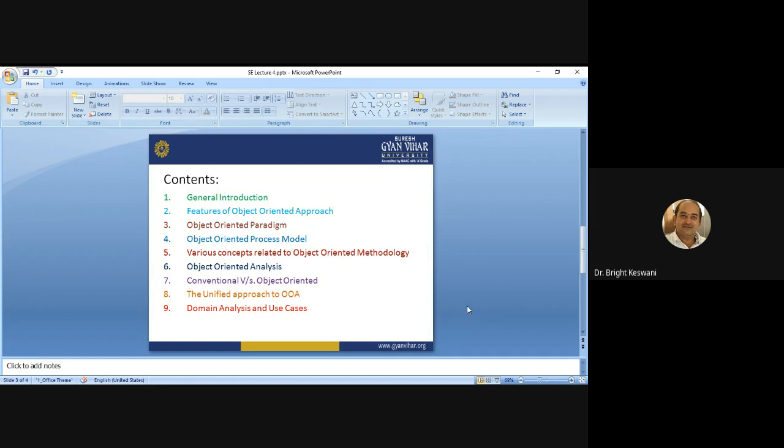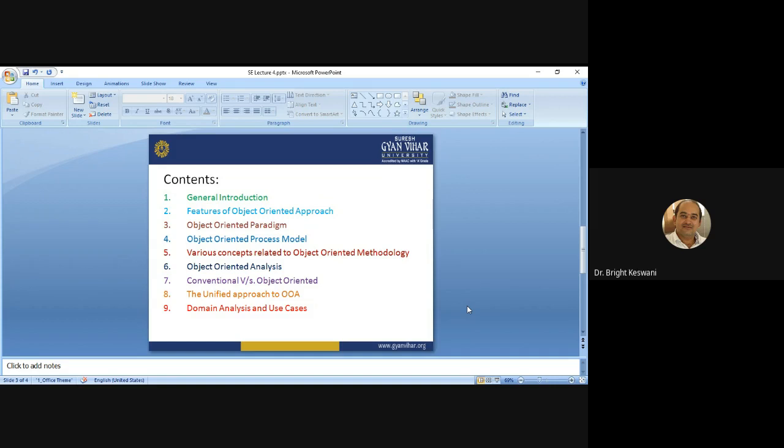The user model view represents the view as per the user perspective, what the user wants. The implementation model view is the structural and behavioral aspect of the system, a combination of the first and second views. And the last one is the environmental model view, where the structure and behavior aspect of the environment in which the system is to be implemented is represented.